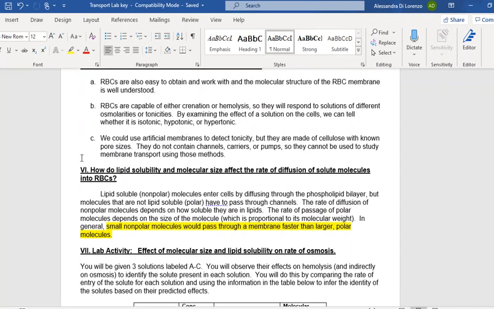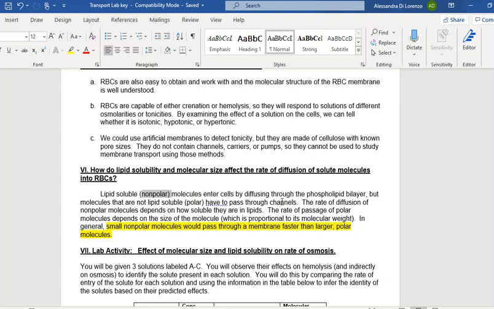So part 6 is just a kind of comment where it tells you how lipid solubility and molecular size affect the rate of diffusion of solid molecules into red blood cells. Non-polar or lipidic molecules can diffuse through the phospholipid bilayer, as we learned.